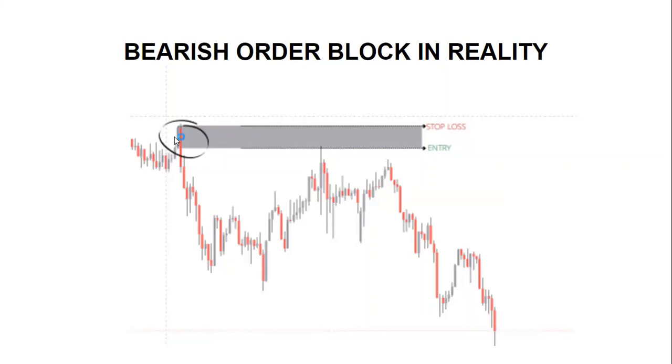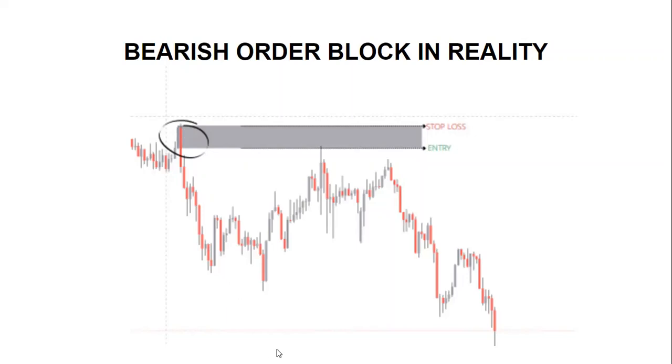Then you can see that there is an impulsive candle here, which means this is where the smart money are selling massively. So this is your bearish order block. Your bearish order block is the bullish candle before the impulsive bearish move.